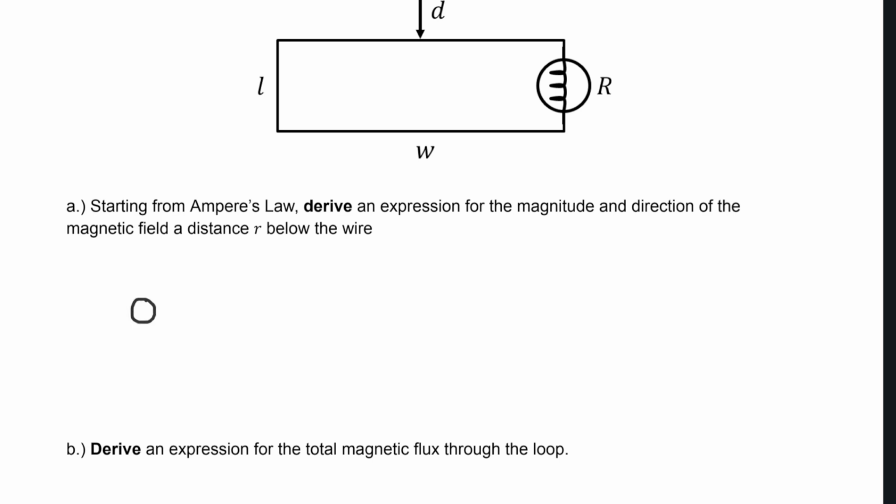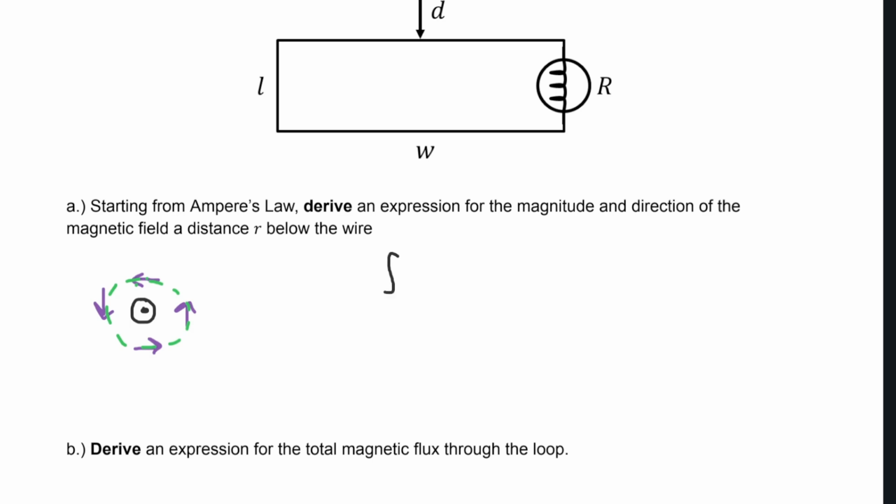So again, if we have some sort of a wire like this, we had a magnetic field that circulated counterclockwise. So we chose a circular Amperian loop.